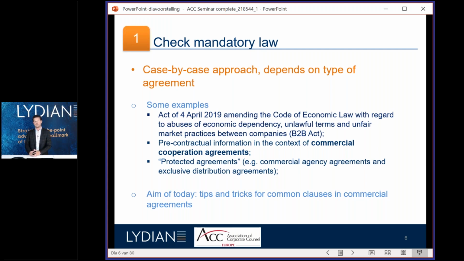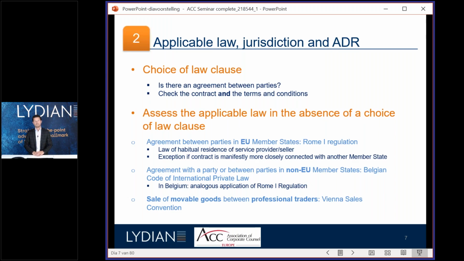But you also have to take into account that when you terminate that kind of agreement, you may face substantial damages. And the aim for today, except for the mandatory law, which is a case-by-case approach, is to focus on more particular clauses or common clauses in commercial contracts. So we will continue with that.